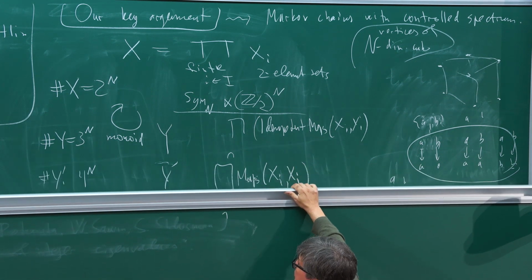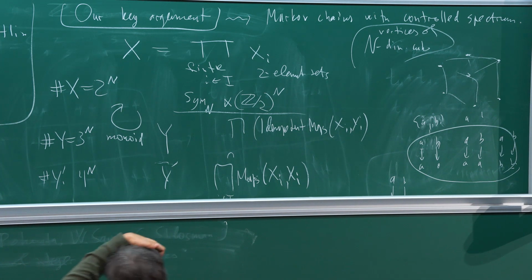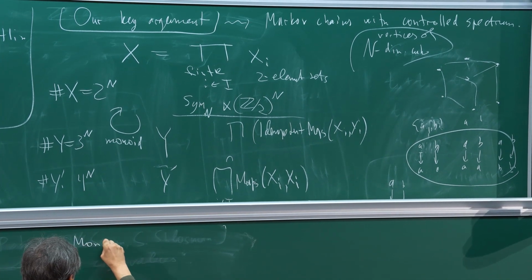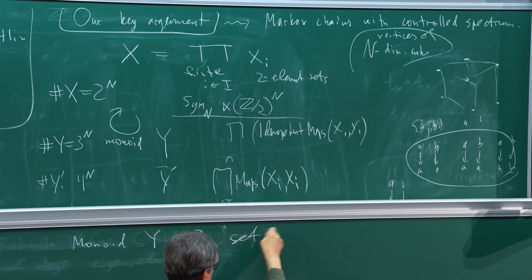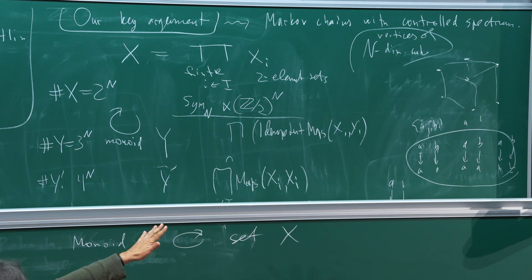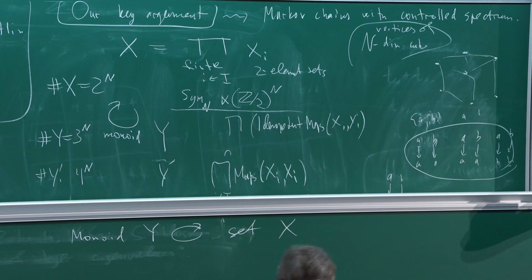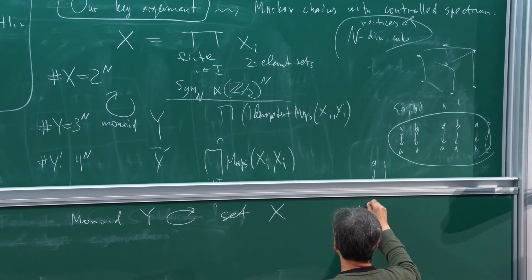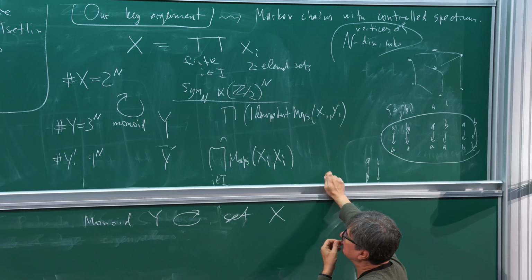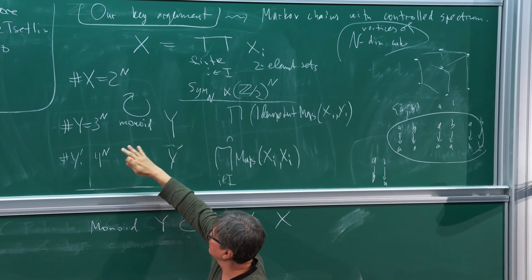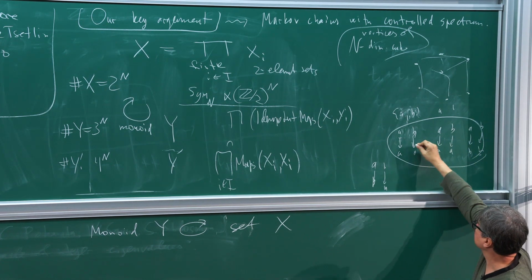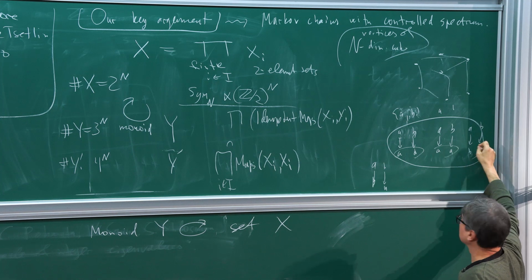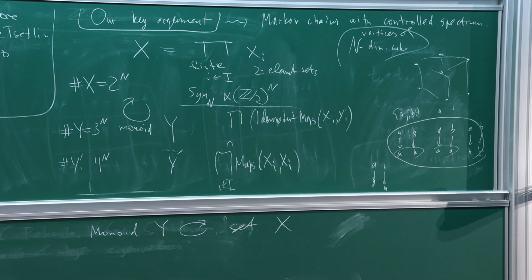Yes, so you have a monoid, say Y, acting on a set X. A finite monoid acting on a finite set. For the elements of Y, actually I prefer not this big guy, just this one: retractions correspond to the 3 non-empty subsets of the 2 element set, yeah?